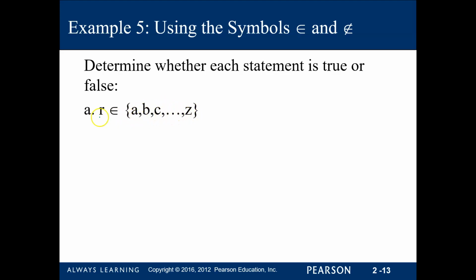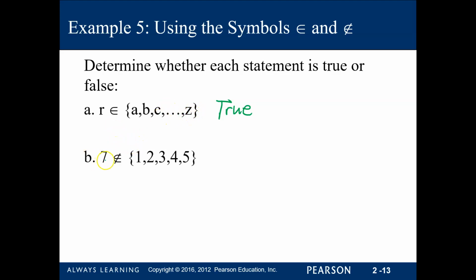Is R an element of this set? Definitely, R is part of the alphabet, so this is true. Even though you do not literally see R listed, the ellipsis means it's common knowledge, from the pattern, what the missing elements are up to the last element of that set.